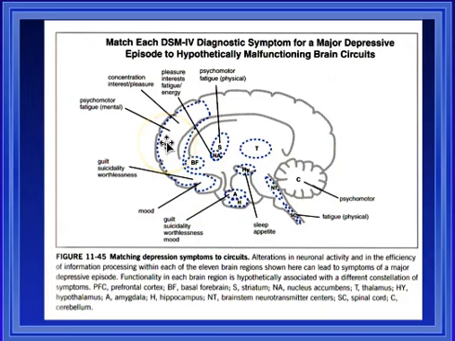The prefrontal cortex gives us some of the cognitions associated with depression: guilt, suicidality, and worthlessness. The nucleus accumbens is the pleasure center in the brain, and a deficit over there can lead to decreased interest, decreased pleasure, lack of motivation.